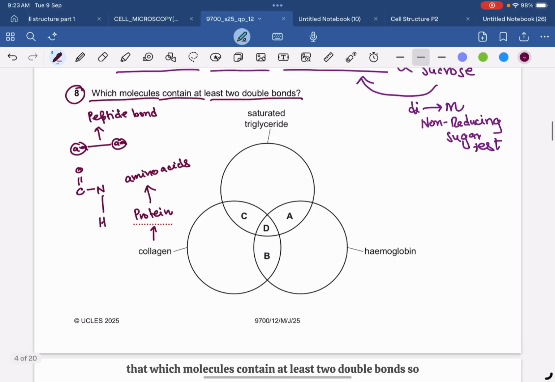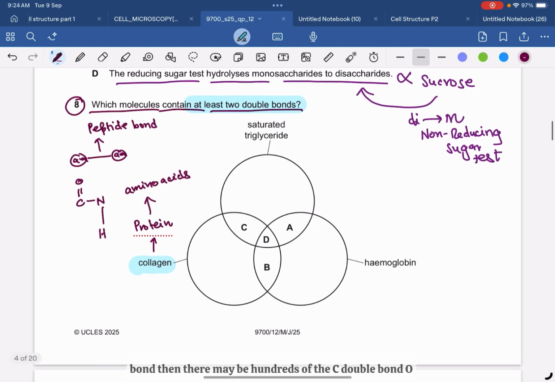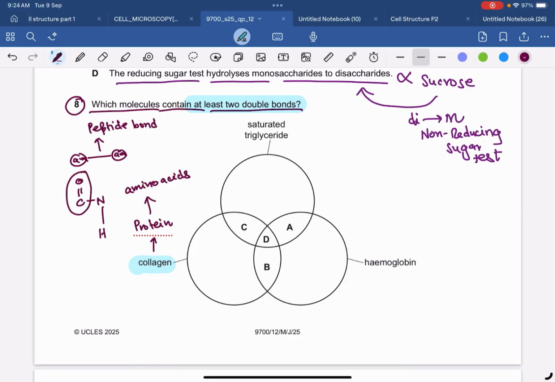They are saying which molecules contain at least 2 double bonds. Because a single collagen molecule has hundreds of amino acids combined together, it will have hundreds of peptide bonds as well. And if it has hundreds of peptide bonds, then there may be hundreds of C double bond O. So collagen has multiple C double bond O, and it will have more than 2 double bonds.